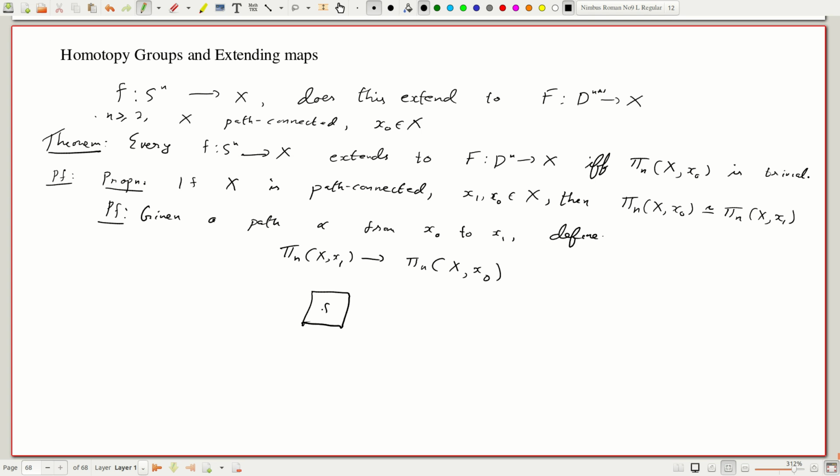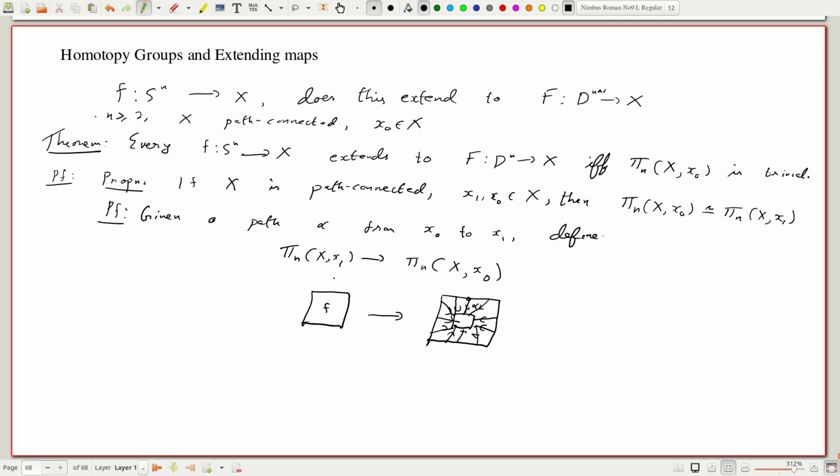Given f, which ends with x, we'll take alpha inwards here. So alpha begins at x0 and ends at x1. If you wanted the map the other way, you would get it by this. This is what we defined as the operation of alpha on the space.